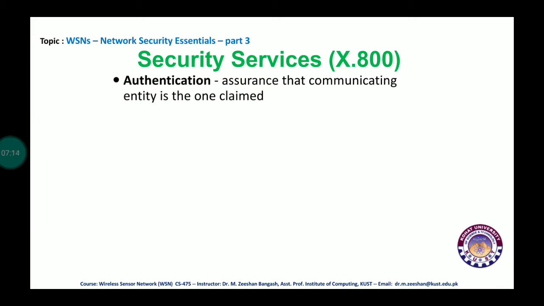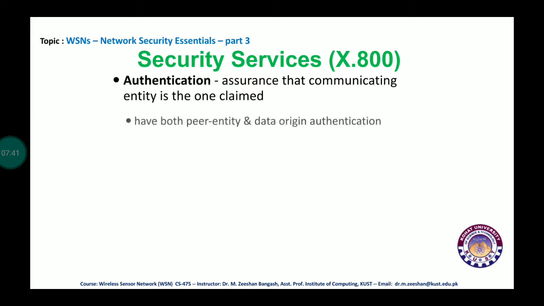One is peer entity authentication, which provides corroboration of the identity of a peer entity in an association, and the second is data origin authentication, which provides corroboration of the source of a data unit. So this is the first security service.